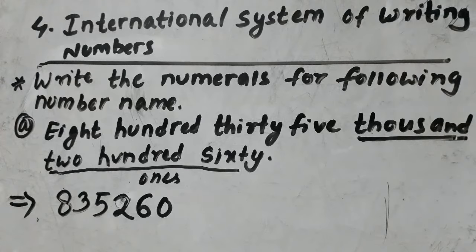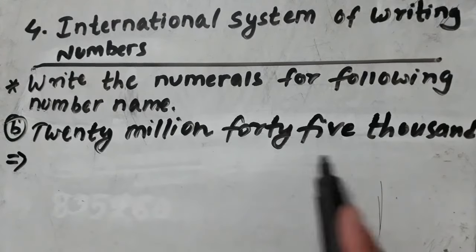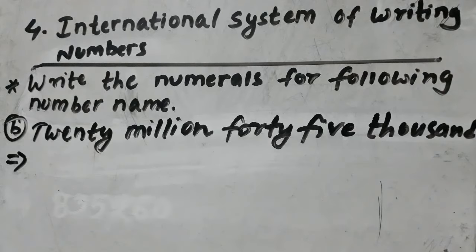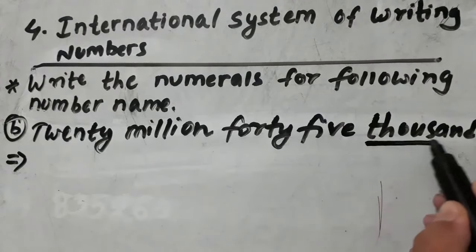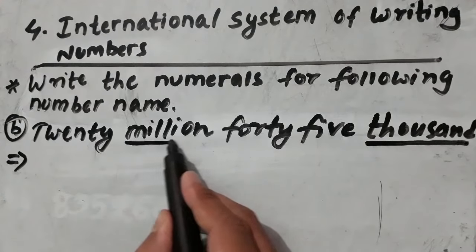So students, let's take one more question. Here in B, 20,045,000 is there. As I have already told you, first of all we should consider period. So here it is the period of thousand, and similarly here it is the period of million.